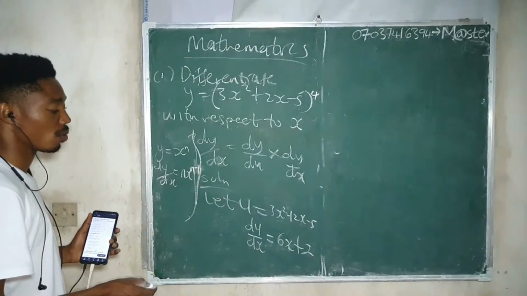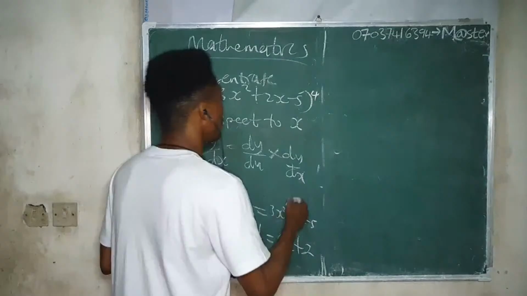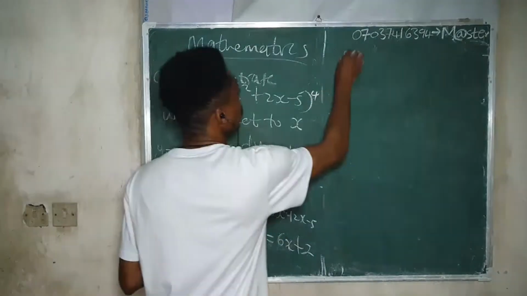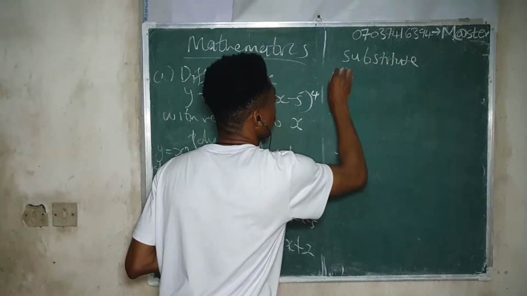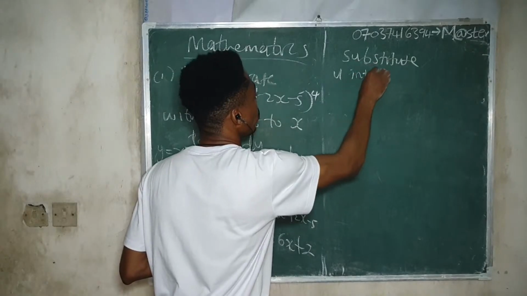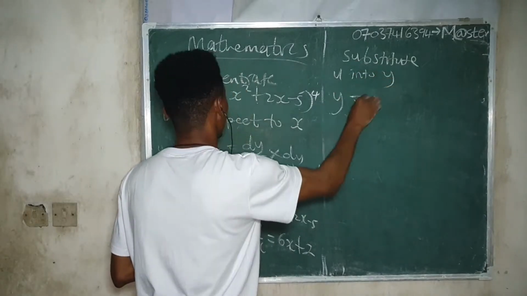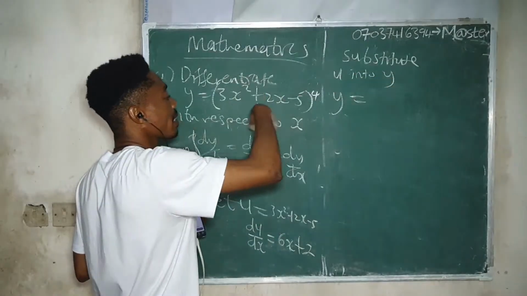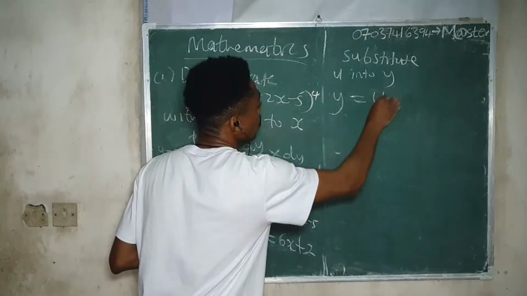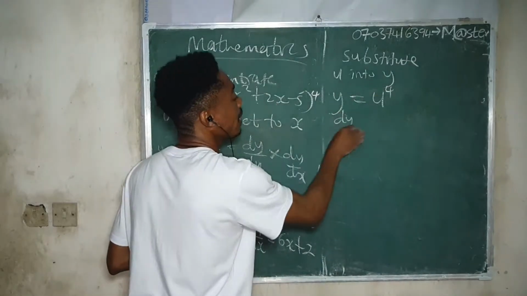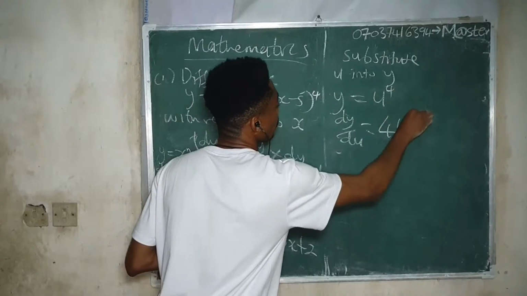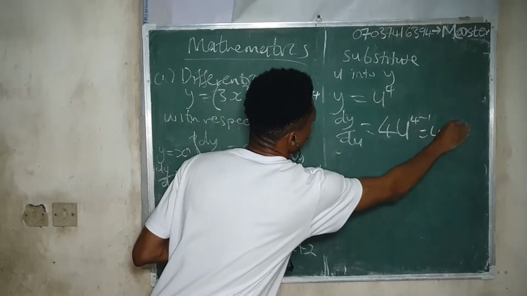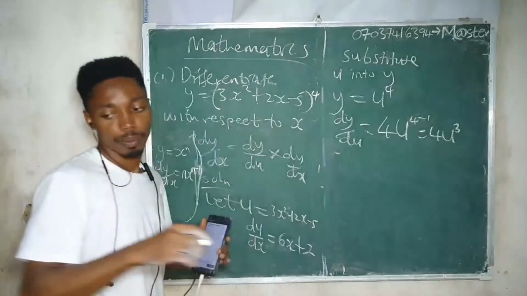That's the du/dx. Now, substitute u into y. That means y is equals to u raised to power 4, since everything inside the bracket was u. So dy/du will be 4u raised to power 4 minus 1, which is 4u cubed.